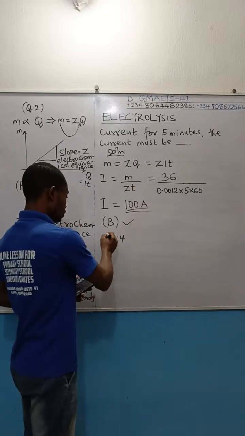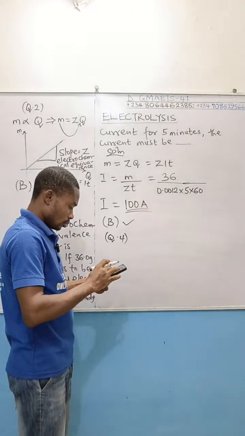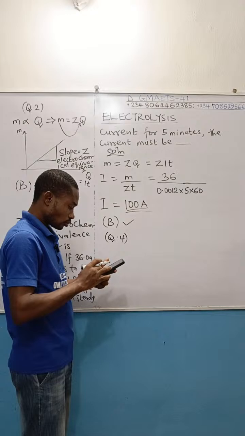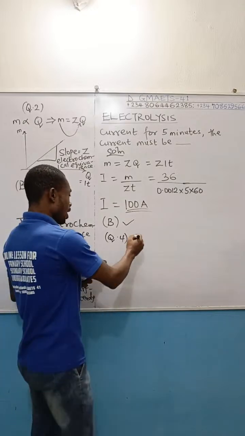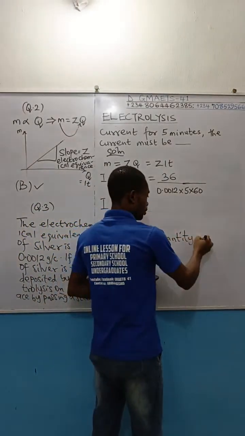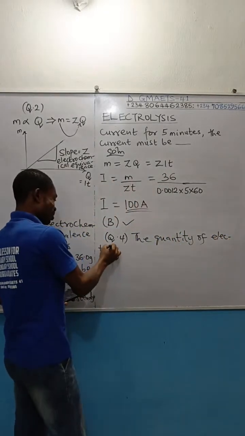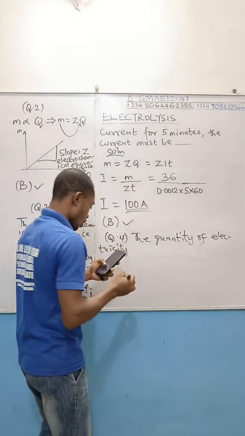Question 4. The quantity of electricity required. I can write fast, you know, but I'm still worried to find out which one will be better, dictating or trying to write fast on the board.